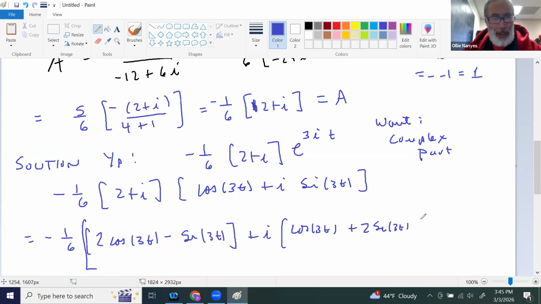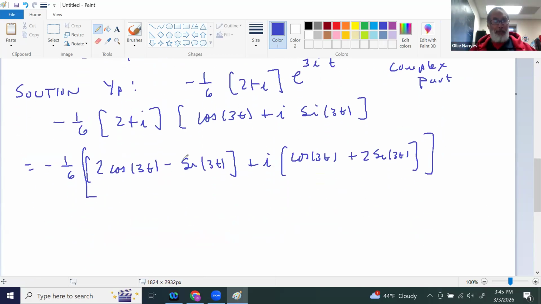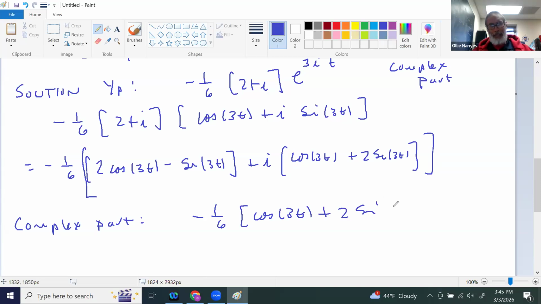So the solution we want is the complex part, which is minus 1/6 cosine of 3t plus 2 sine of 3t.